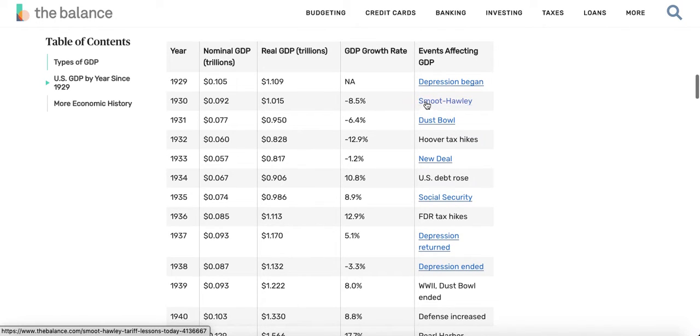I think that's irrelevant; that's also an environmental issue, by and large pretty irrelevant. So 1930, negative 6.4% growth, so a contraction in GDP. 1931, a 13% contraction in GDP growth.